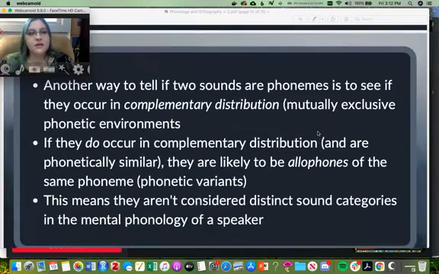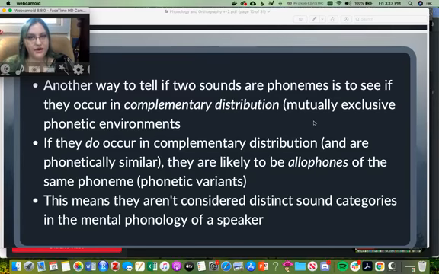Another way to tell if two sounds are different phonemes is to see if they occur in complementary distribution. What this means is that these two sounds are phonetically similar, like T and D. They are both produced in the same part of the mouth, the alveolar ridge. They're both stop consonants, stopping all the air coming out.